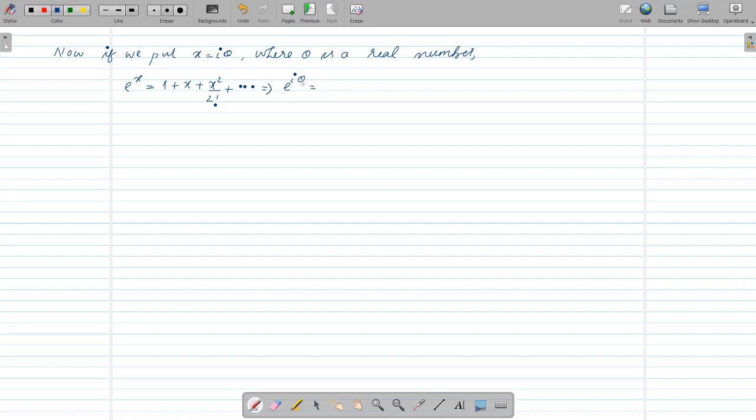Now this is a complex number. This makes sense. You have already seen what this expression stands for. This will be 1 plus i theta plus i theta whole square by 2 factorial plus i theta whole cube by 3 factorial plus etc. So when you separate the real and imaginary parts, you will get 1 plus, from this you will get a real number, that is i theta whole square divided by factorial 2.